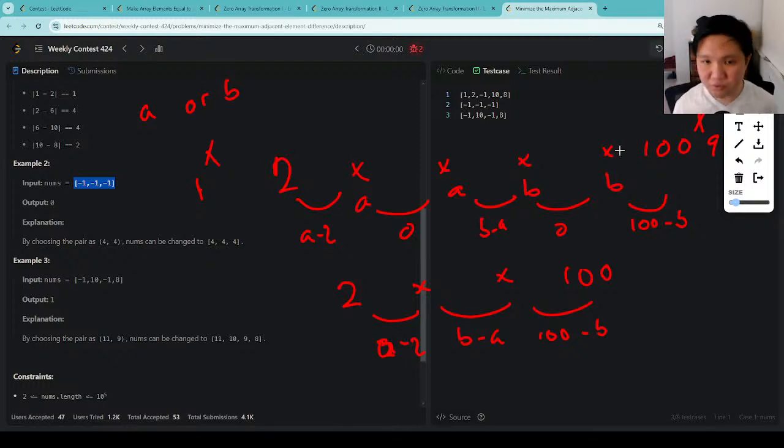So essentially, first step, I would identify all the sequences of x's. If the sequence of x's is more than 2 x's, then it doesn't matter. If the sequence has 1 x, or if the sequence is at the beginning, like this one, this will be 10.